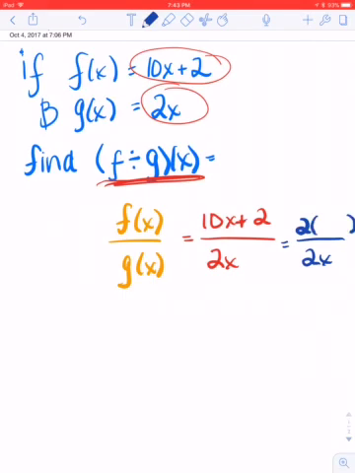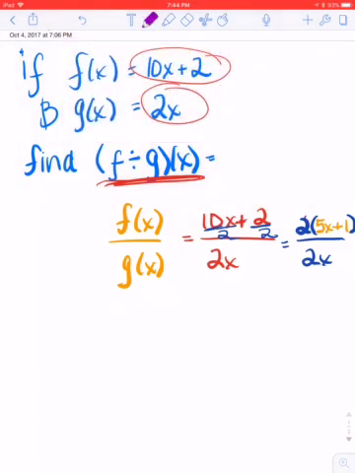If I want to pull a 2 out in front, I'm going to have to go back to this original piece here and divide those two pieces by 2 to see what will be left over to go into the parentheses. So if I look at the first part, 10x divided by 2 is going to be 5x, and 2 divided by 2 is going to be 1.